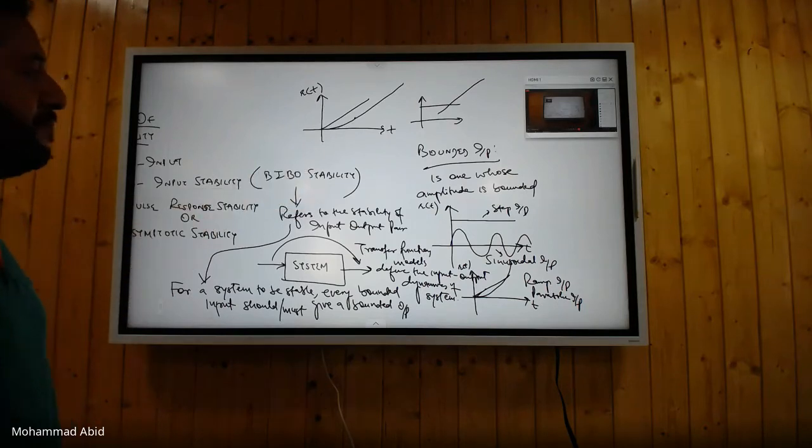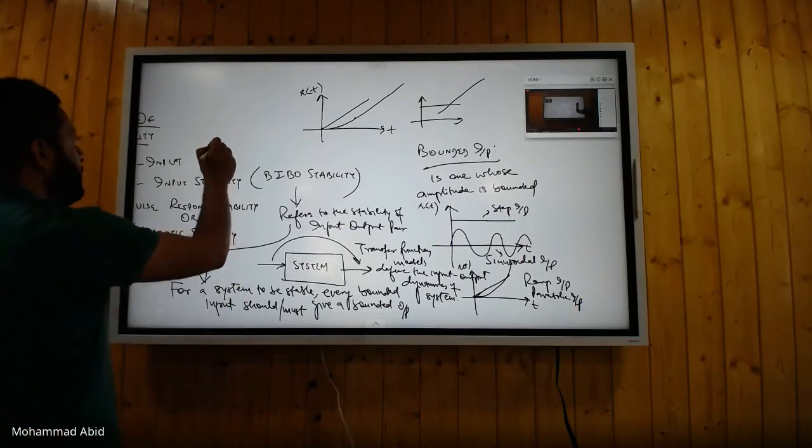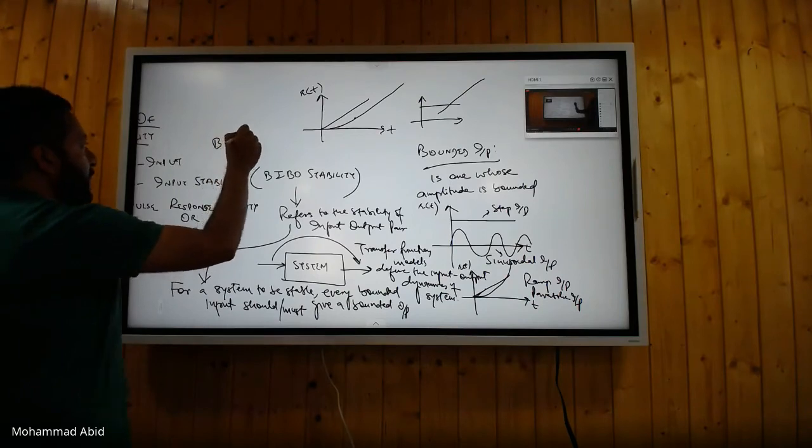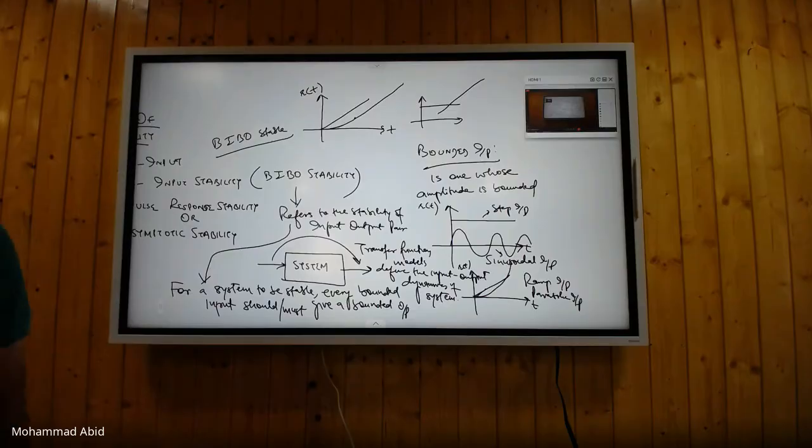So if you find that the system, आपका एक system है, उसके आपने poles देखे कहाँ पे हैं, अगर वो left half of the S-plane में हैं, you should say that the system is BIBO stable. Are you getting me? जी सर.